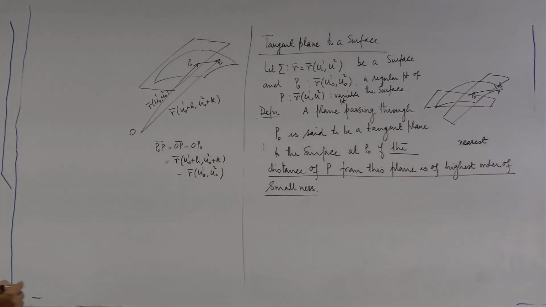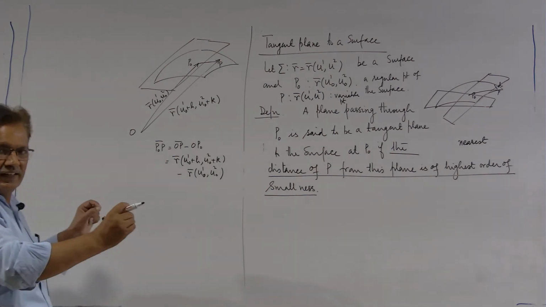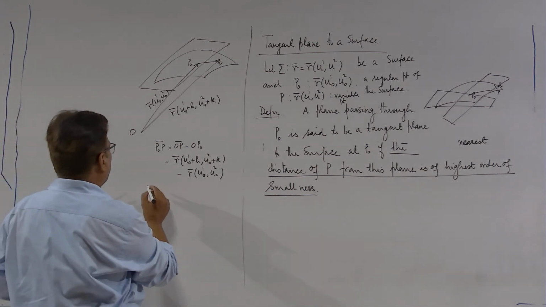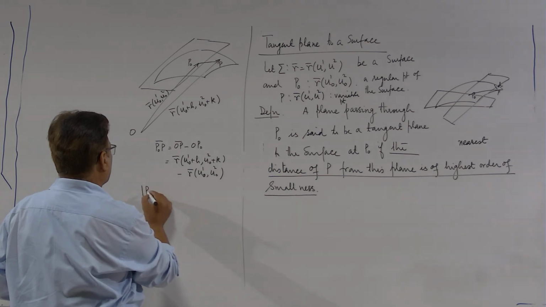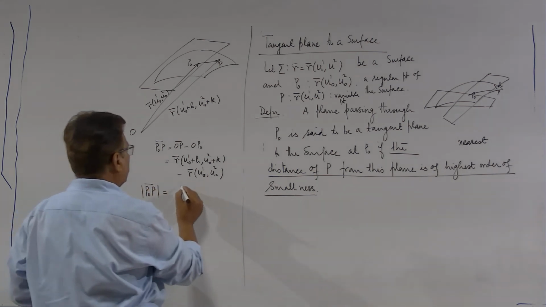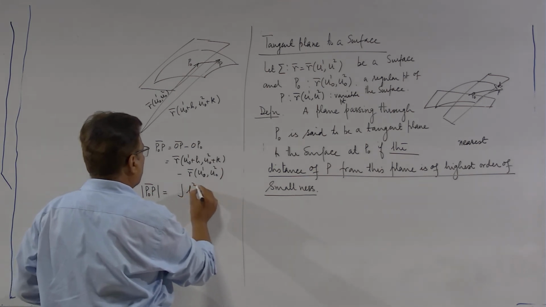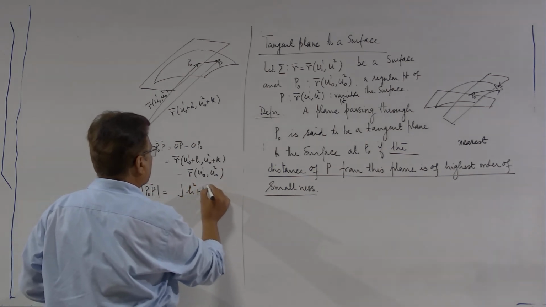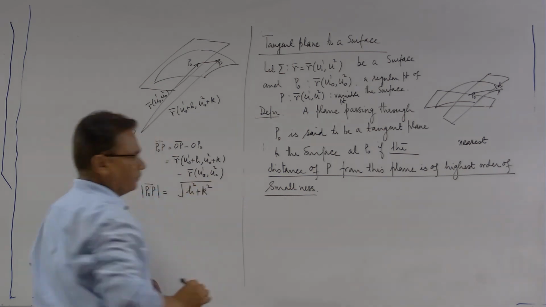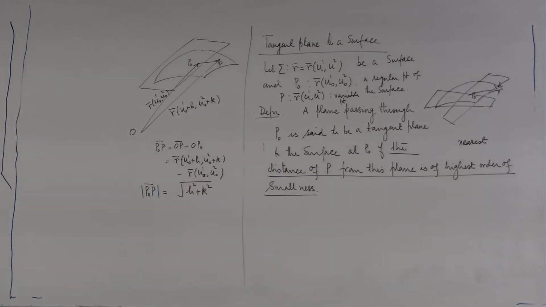Now, if you are interested in the straight line distance between P0 and P, it will be the length of this vector P0P, and this must be the square root of h square plus k square.